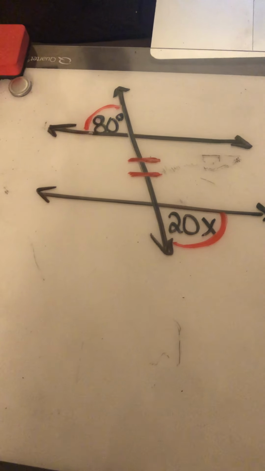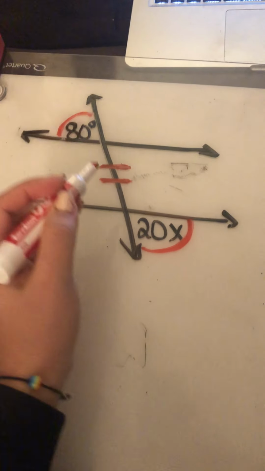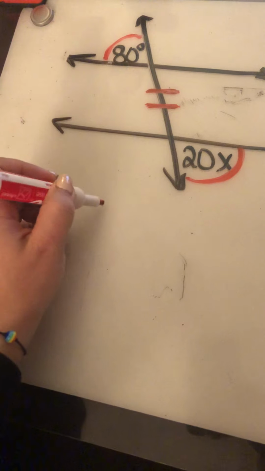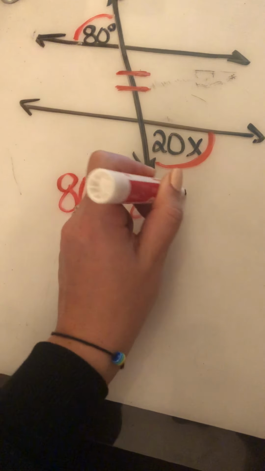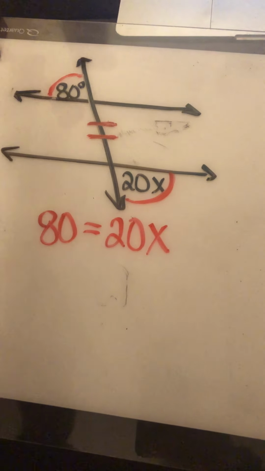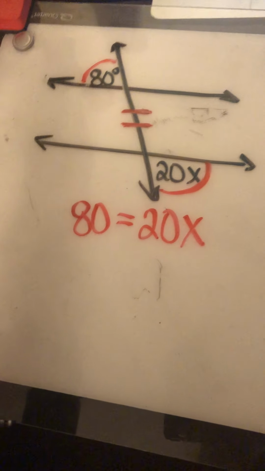Okay, so if they are equal to each other, then when we set up our equation, we're going to say this angle equals this angle. So let's set that up. 80 degrees equals 20x. Now, if for some reason you're not good at remembering the vocabulary and the relationship, you could also do the dot method to see if they're equal or supplementary.